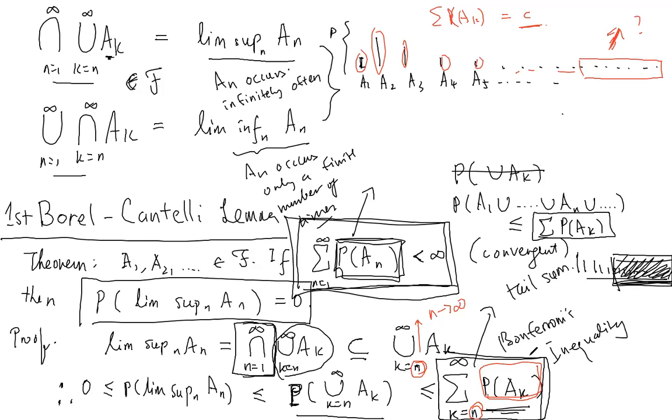0. Yeah, sure. It has to converge to 0, right? Because you're adding towards infinity. If the tail does not converge to 0, then your series doesn't converge. The series converges because its tail is converging to 0.